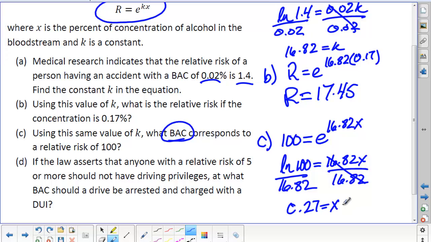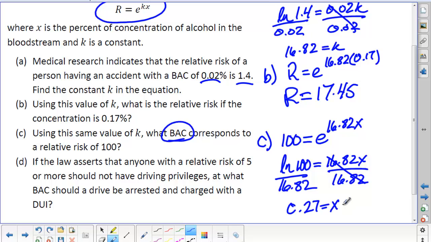Alright, so this is all great. We've got this nice little function that lets us figure out how likely you are to have an accident depending on how drunk you are, but there is a usefulness to this. One thing you could do with this sort of model is talk about laws. Instead of trying to determine how drunk is too drunk just based off some blood alcohol concentration number that doesn't necessarily tie directly to some sort of meaning while driving, this model lets us relate a blood alcohol concentration to a relative risk, right?